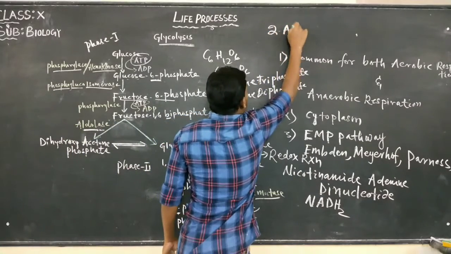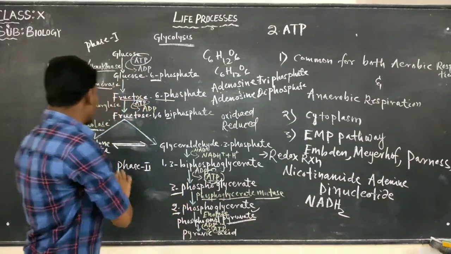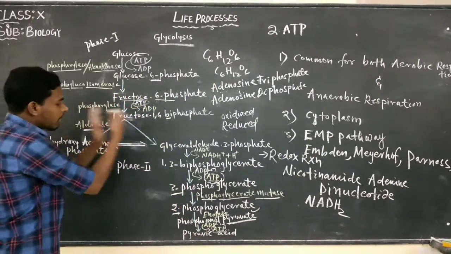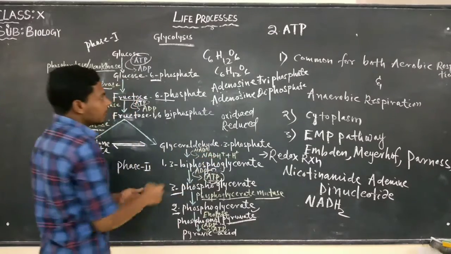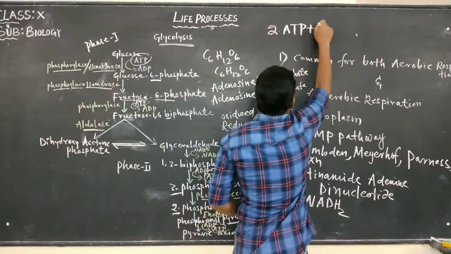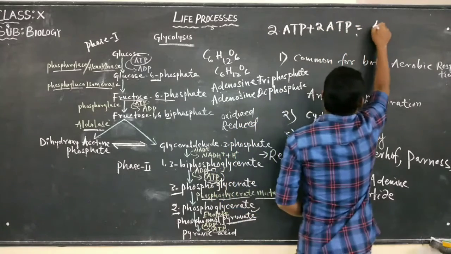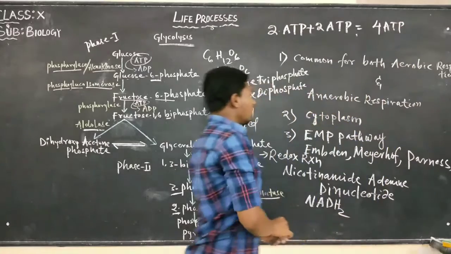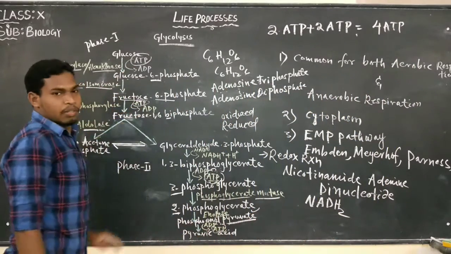This is very important. 2 ATP synthesis took place. So first with this 2 ATP, and next this will get converted into this and gets again 2 ATP. That means 2 plus 2 ATP equals 4 ATPs. We got 4 ATPs, and here 2 ATP we have used.